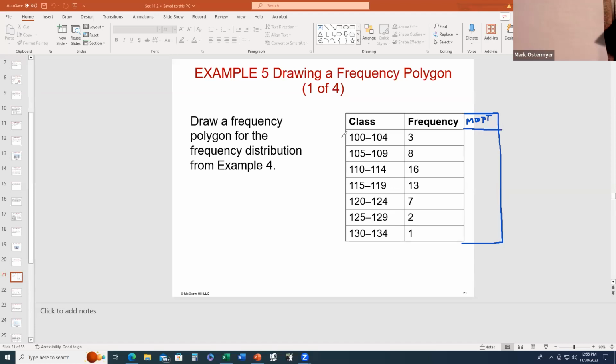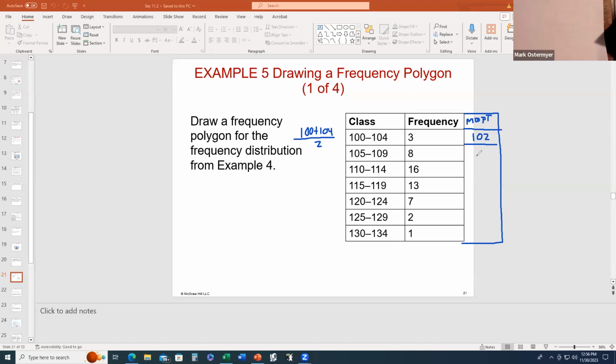All you do is add up the endpoints. So 100 plus 104. You add these up, and then you divide by 2. That gives you 204 divided by 2. And what's 204 divided by 2? 102. So the midpoint of the first class would be 102.